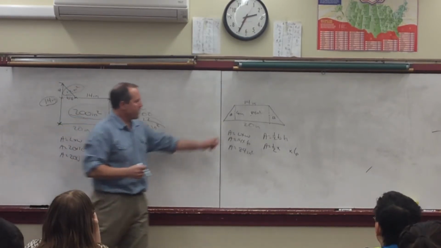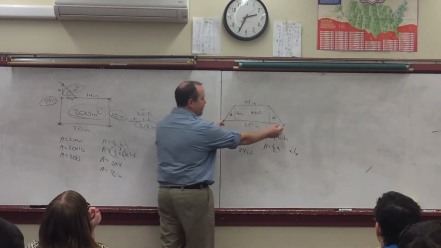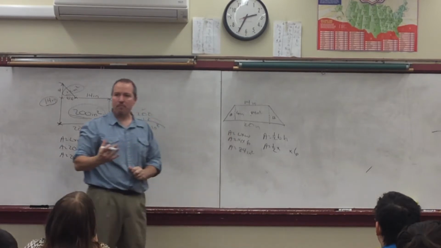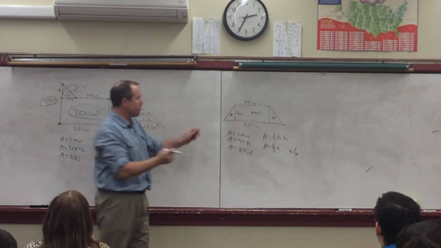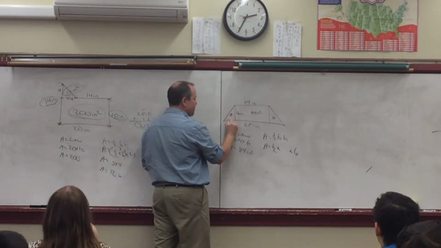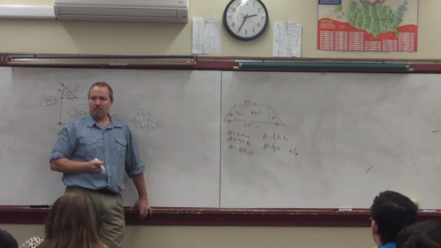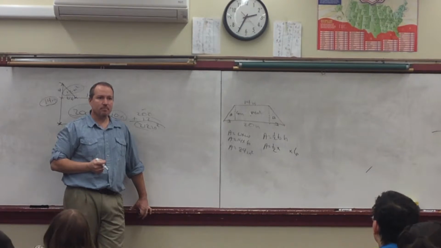Very good. He took the 20, the total length of the base, minus the 14, so we got 6 left over. There's 2 triangles, so he took that 6, broke it in half and put 3 on one side and 3 at the other. Make sense?